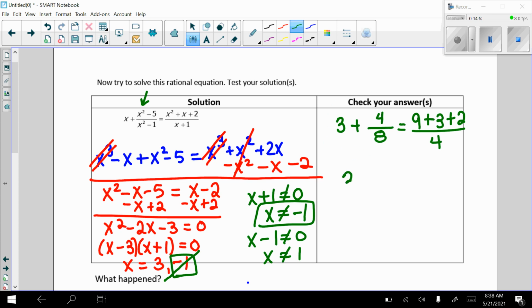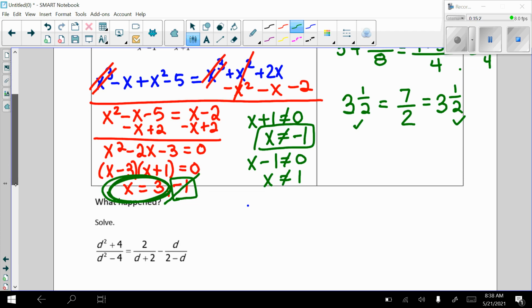Okay, let's see what happens over here. 9 plus 3 is 12, plus 2 is 14. 14 over 4, well, let's see, divide by 2, divide by 2. That's 7 over 2. And 2 goes into 7 3 times with 1 left over. So we get 3.5 equals 3.5. So it works. So x can equal 3.